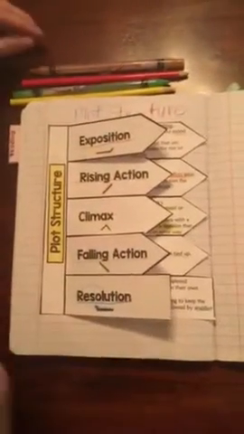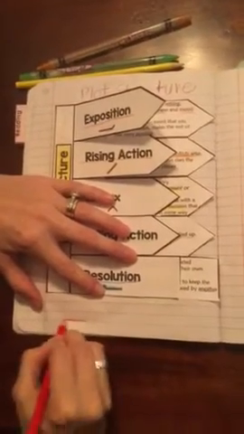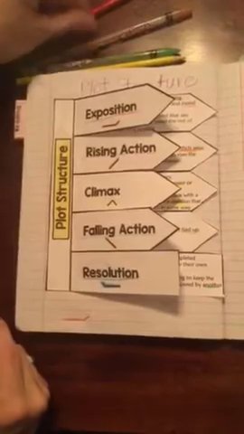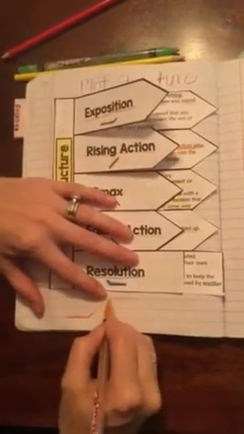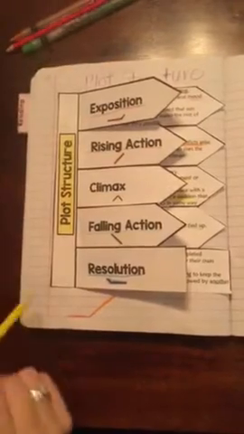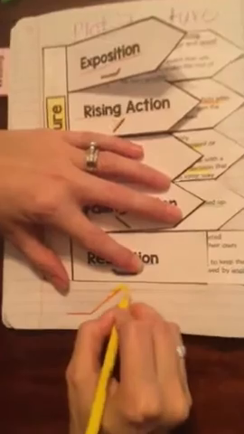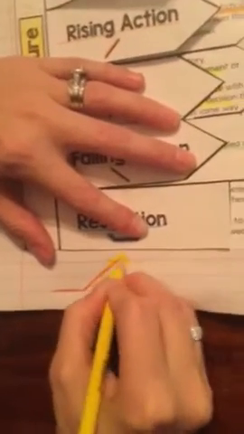Now, if we add them all up, let's draw. Here's our exposition. It's kind of a flat line, goes up just a little bit. Then we add our rising action, which is our orange. At the very top, this is hard to see because it's yellow, we end up with this peak or the climax.